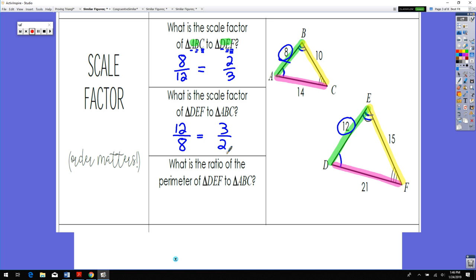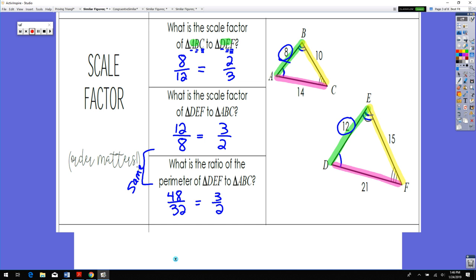So triangle DEF, if you add up all the sides, you get 48. And if I add up all of the sides here, I get 32. Simplify that, I get 3 halves. And you should notice that these are the same. Okay, and order does matter in all of this.